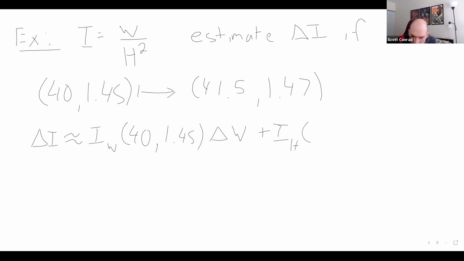The partial of I with respect to H at our initial point, 40, 1.45, times the change in height.